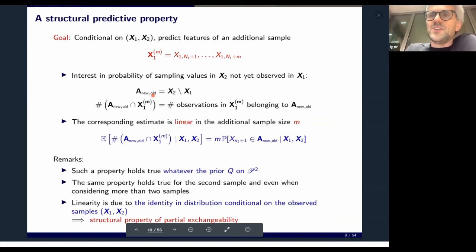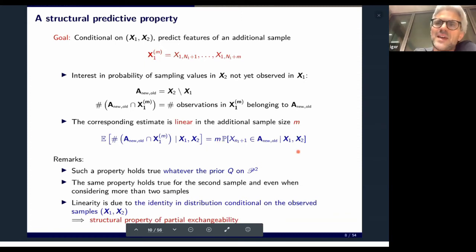And with this one, that's nothing else than the number of values in the additional sample which belong to this set. So how many values which I already have observed in X2, but not yet in X1, will I observe if I take M additional values in the first sample? It turns out it's a little bit like for binomial distributions in the IID case, that it's M times the success probability.